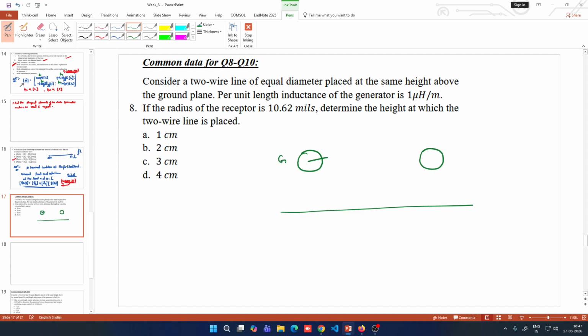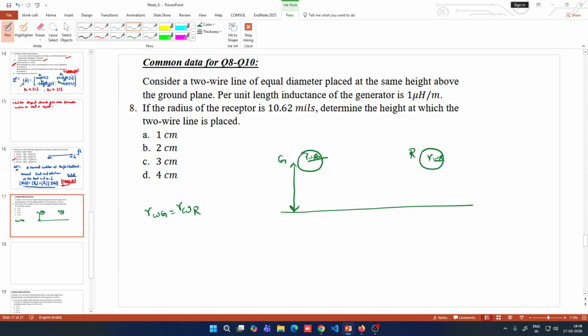So this is our generator. Let's suppose this is our generator, this is our receptor. Then RWG and RWR. In the problem it is given RWG is the same as RWR, and both of them are at the same height.